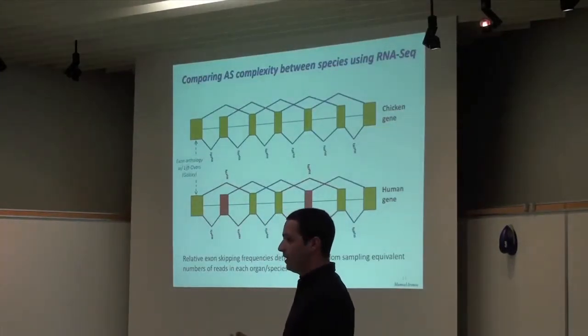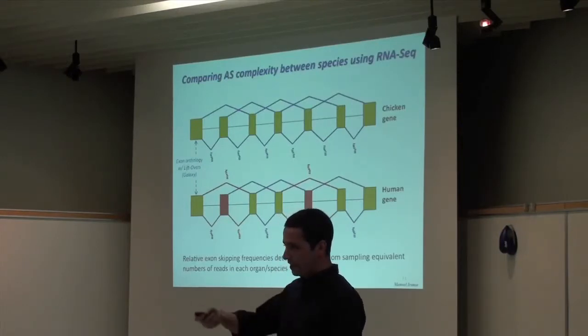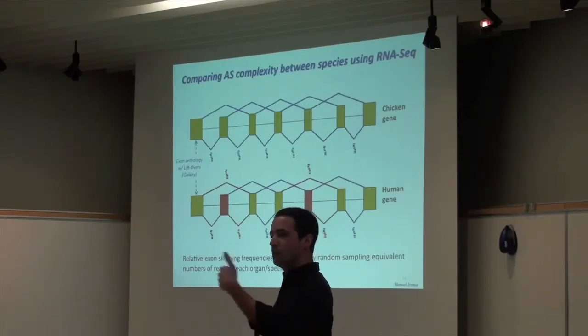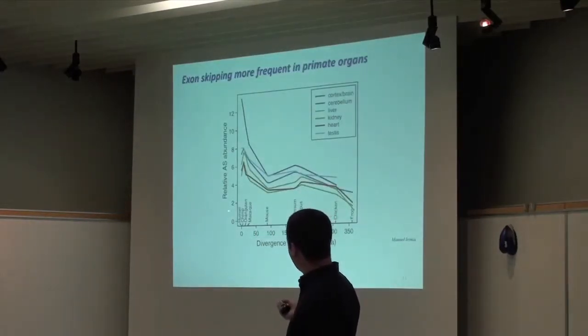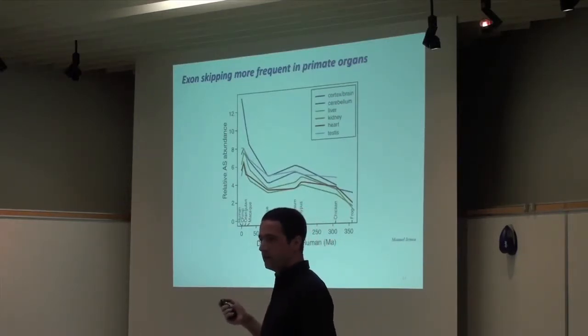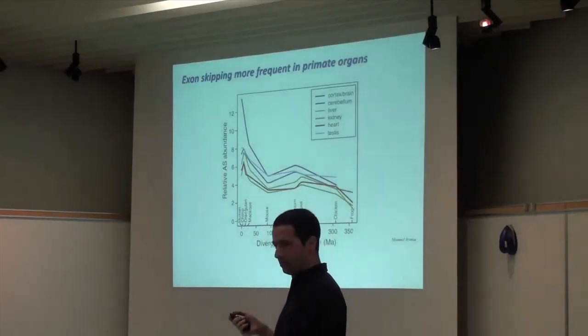The first question is, do we have differences in the relative abundance of exon skipping, of alternative splicing, between species and between organs? And the answer is yes. What we find first of all, and this was already known, is that neural tissues and testes have more alternative splicing than the other tissues.